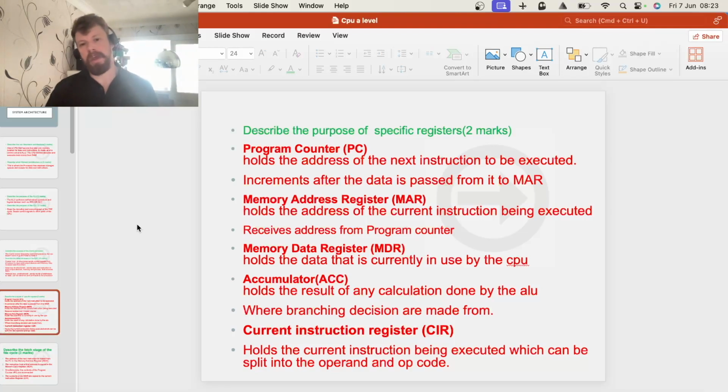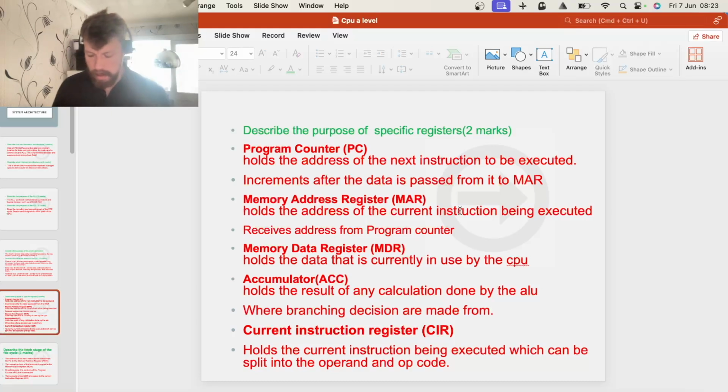The memory address register holds the address of the current instruction being executed. The memory data register holds the data that is currently in use by the CPU. The accumulator holds the result of any calculation done by the ALU. And then the current instruction register holds the instruction that is currently being executed.